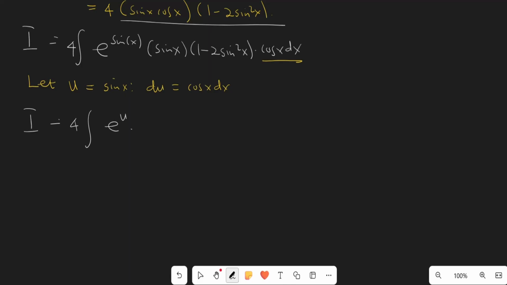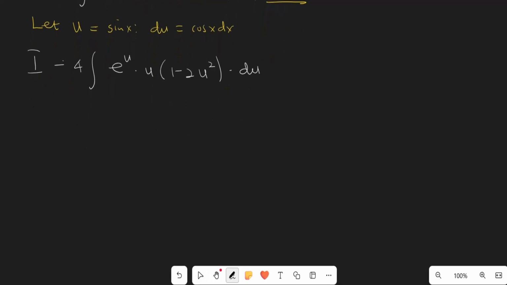And then sine of x again, this is u times 1 minus 2u squared, times cosine of x dx, which is du. Cool. This is I equal to 4 times the integral of e to the u multiplied by u minus 2u cubed times du.